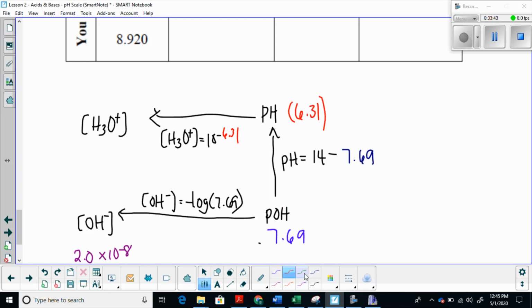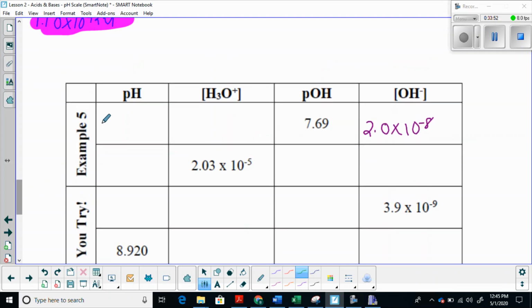Plug that in. You are going to get your hydronium concentration to be 4.9 times 10 to the negative 7. Let's go ahead and fill that in. Our hydronium was 4.9 times 10 to the negative 7, and our pH is 6.31. Okay, so here you can pause, and when you're done, you can come back and fill in the table and check your answers.